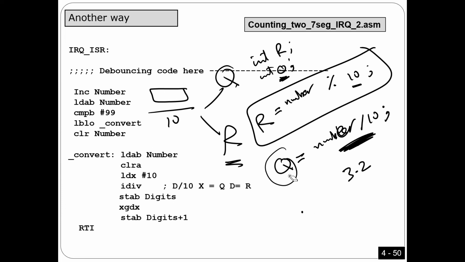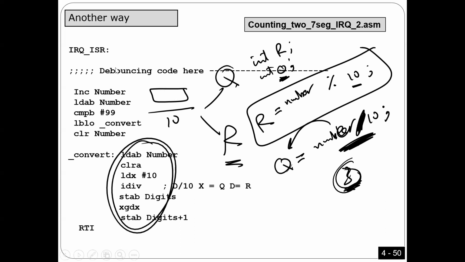However, if Q is integer, this is going to be only 3, which is the quotient. So if you do this division and you store the result in Q, you are going to get the quotient, not 3 point something. So this is how you do the same operation to get remainder and quotient: percent and normal division, but in both cases, the number should be integer.